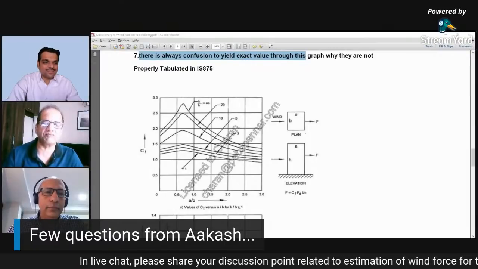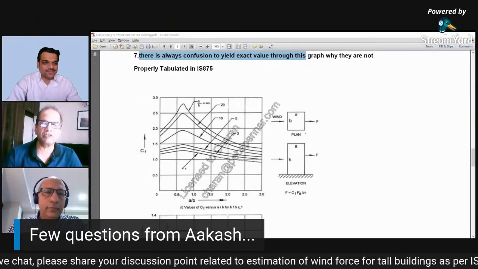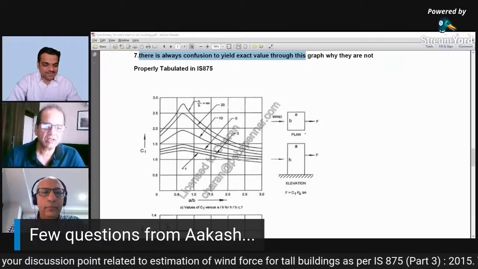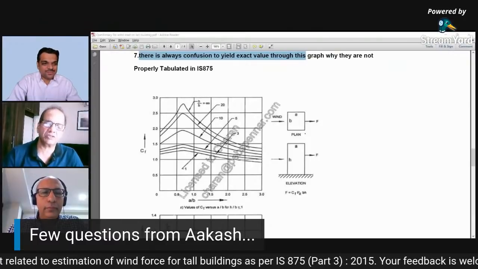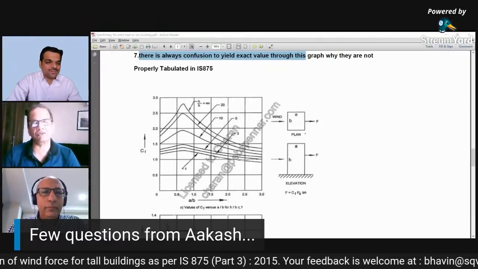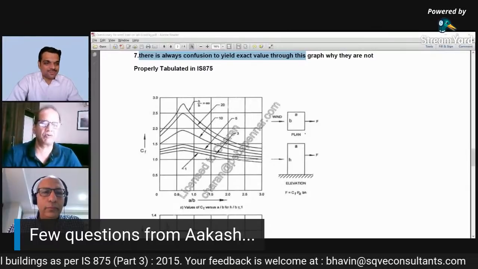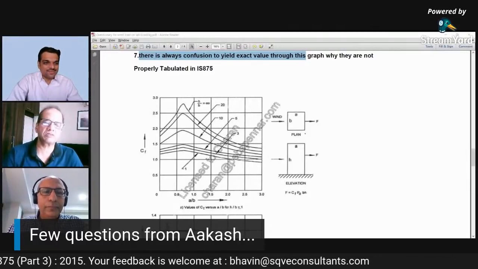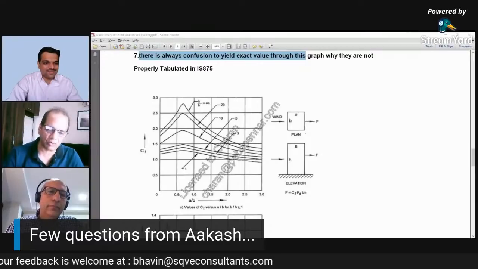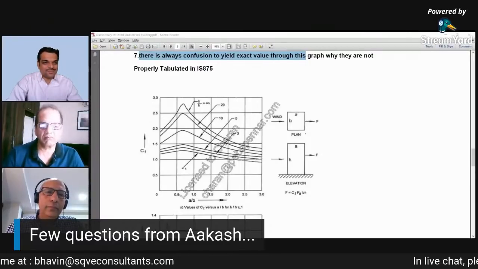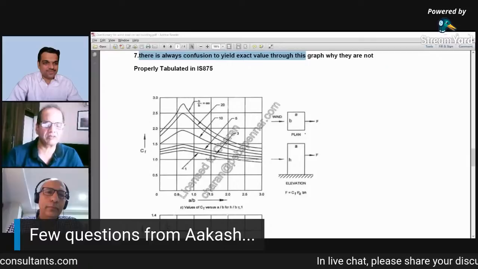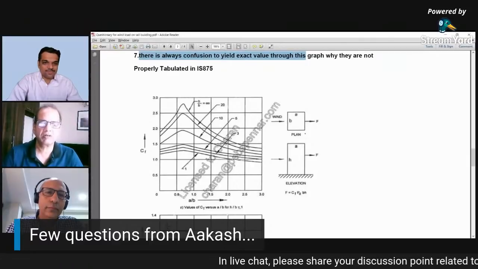If you are using a CF of 2 or 2.02, it doesn't make a difference. It depends on the type of the structure. You may be a little conservative sometimes. It is not the wind only; it is an overall combination of several other loads. So whatever value you get from here, it is acceptable.